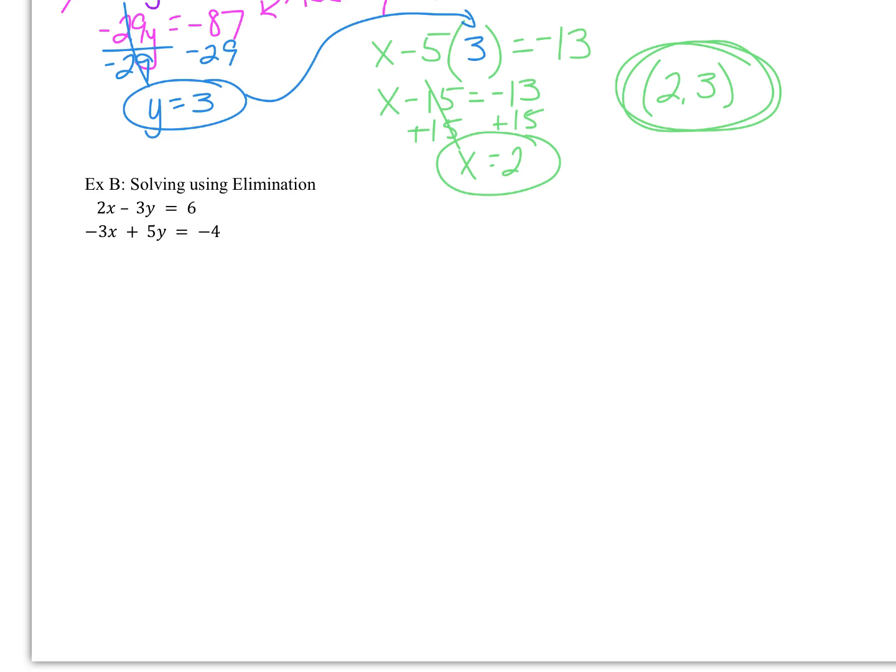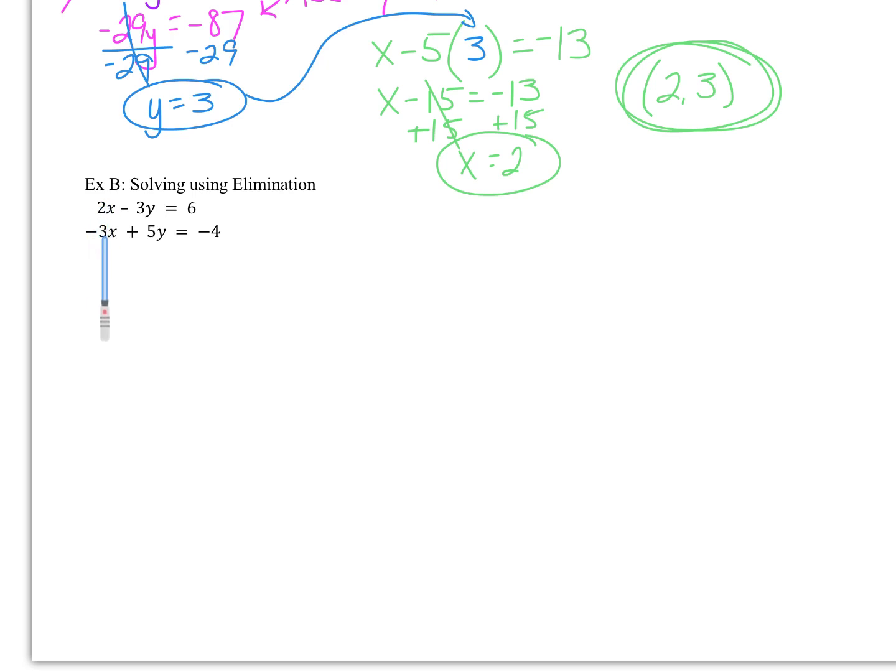It just depends on what you think is the easiest way to go. So in this case, there's no way that I could multiply 2 by something to get 3, right? And there's no way to multiply 3 by something to get 5. So when that's the case of I can't just multiply one equation by something, I'm going to have to multiply both equations, okay? So what could 2 and 3 both turn into?